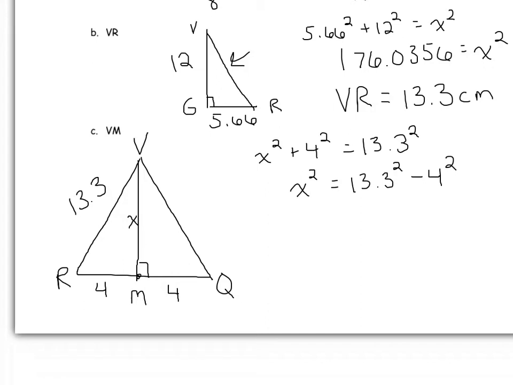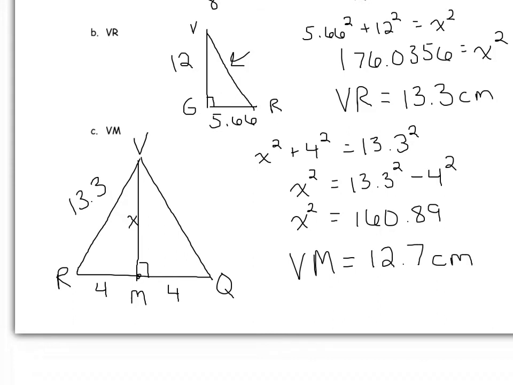And that gives me 160.89. And so VM is going to be the square root of that. And that gives me 12.7 centimeters. Notice that all of our distances are in centimeters. Make sure you put your units.